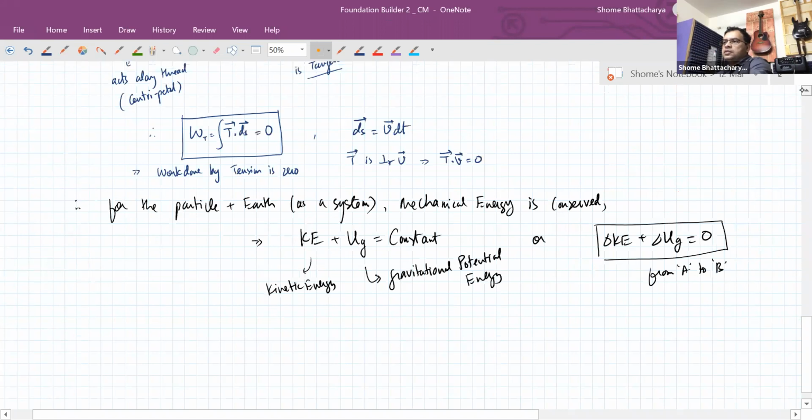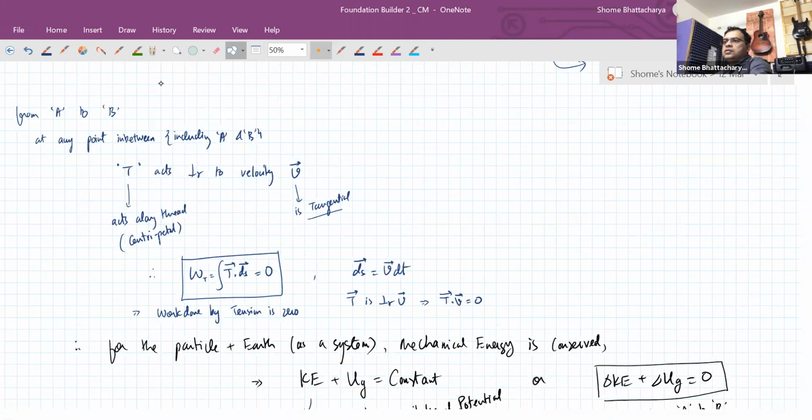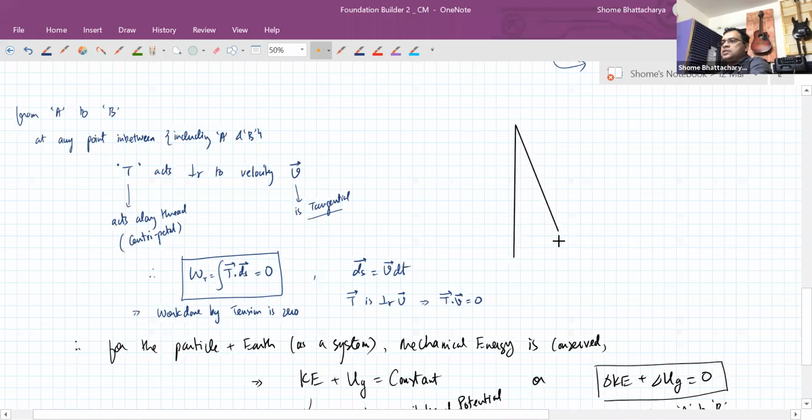So I'll just make that diagram here so that it's clear. For example, after some time the particle is here, and after some time the particle is here. So it's going in the circular path from point to point.